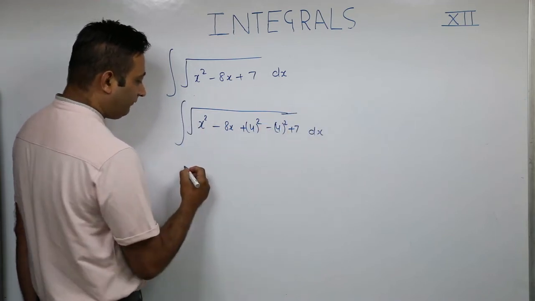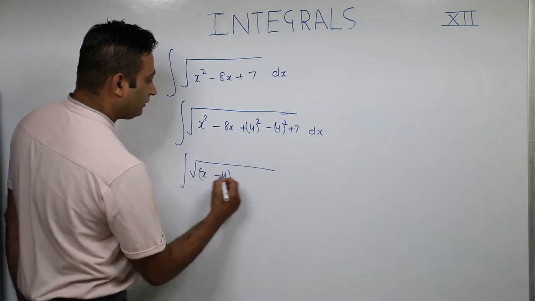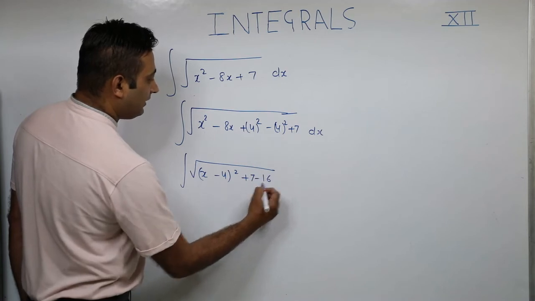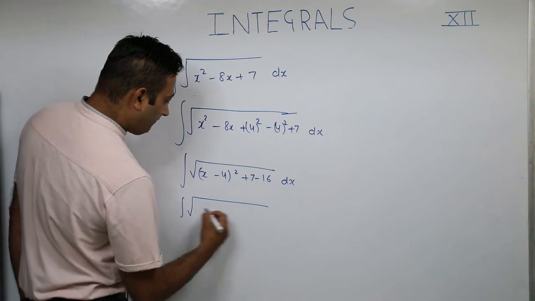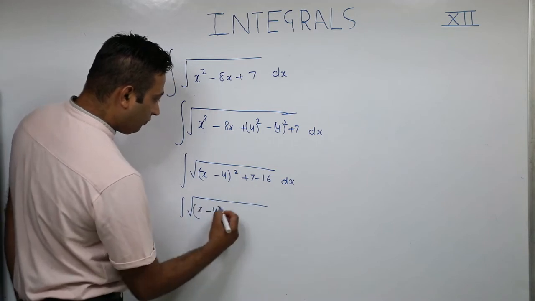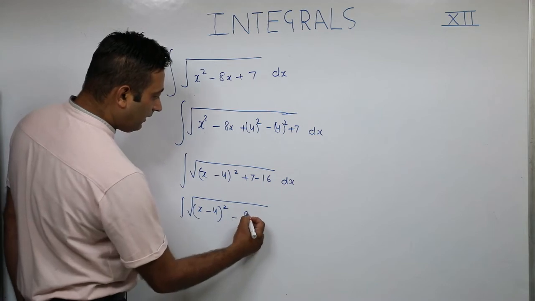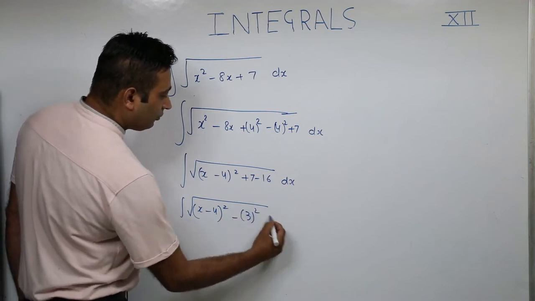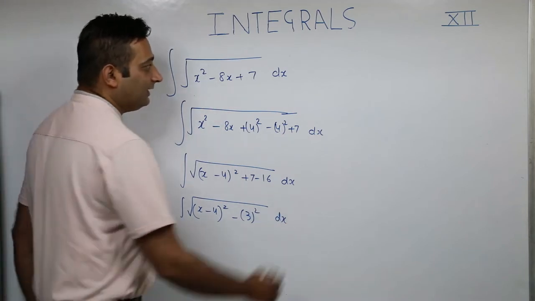We got the standard form, that is under root (x minus 4) whole square plus 7 minus 16, which is of the standard form (x minus 4) whole square minus 9, and 9 can be written as 3 square. So this is the standard form under root x square minus a square.